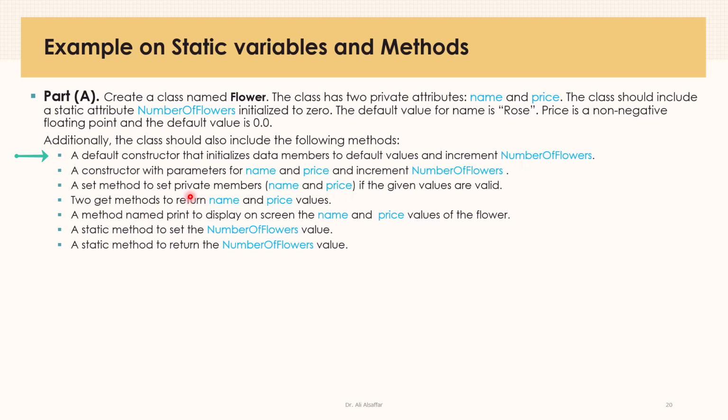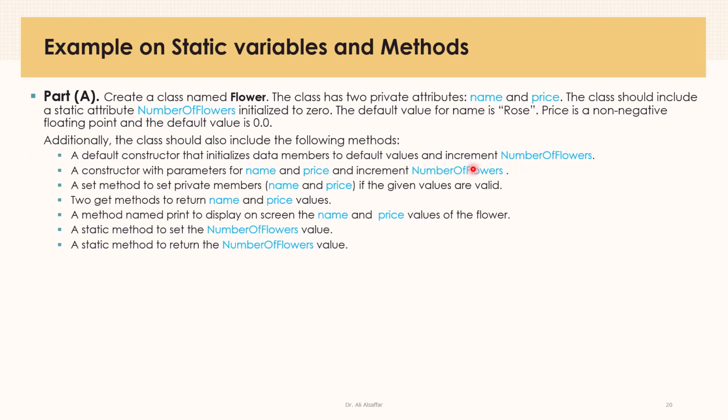When we create an object, it will initialize the name of the flower to rose and its price to 0. At the same time, it is going to increment numberOfFlowers.